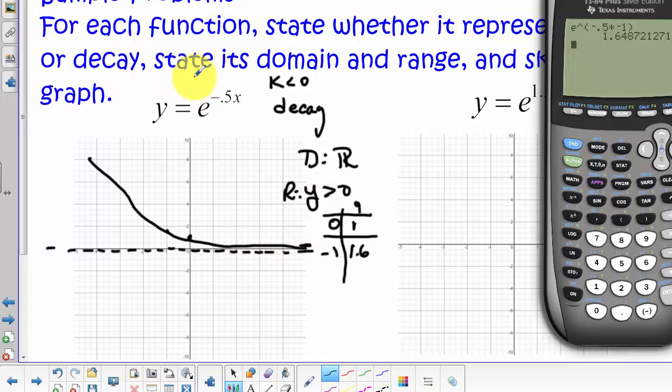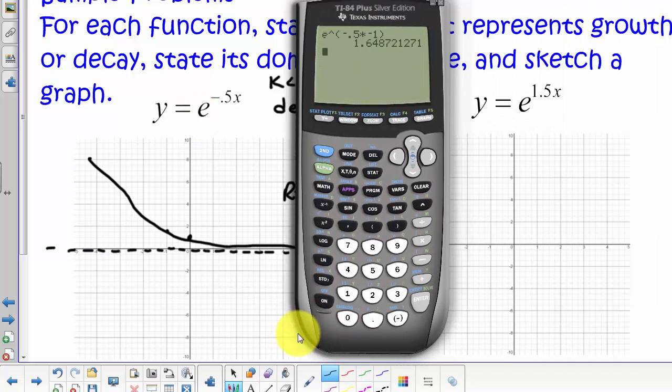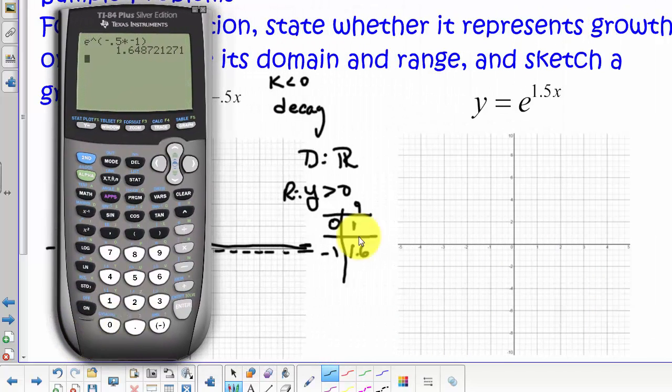We'll need to use a calculator and round because remember, e is an irrational number, and we're not going to get nice integers like we could with the other functions. So this one's going to be growth. So let's put our horizontal asymptote. For growth, our y-intercept will be (0, 1).